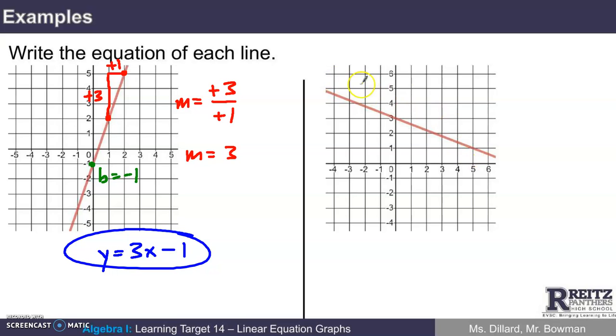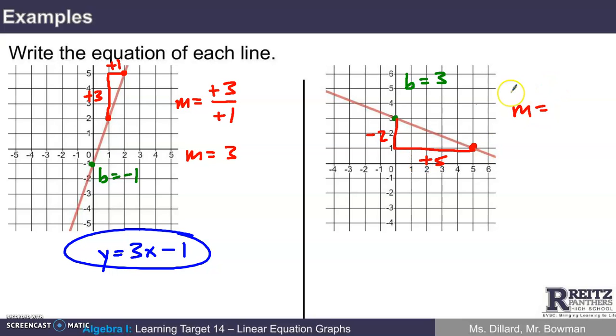Here for this example, the line that we're trying to write the equation for appears to cross the y-axis at 3. So that'll be my value for b. I need to find 2 points to use to find the slope here. Maybe I'll use this one and 5, 1. So here I need to go down 2 and right 5.